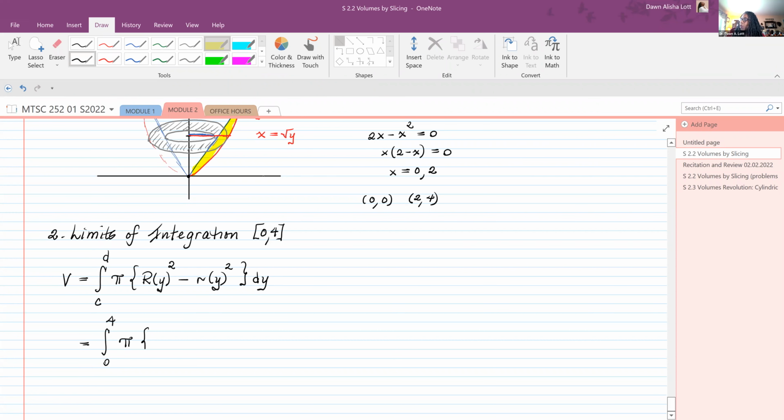Big R of y is the square root of y, and little r is y over 2, dy. And if you compute that, you get 8 pi over 3.